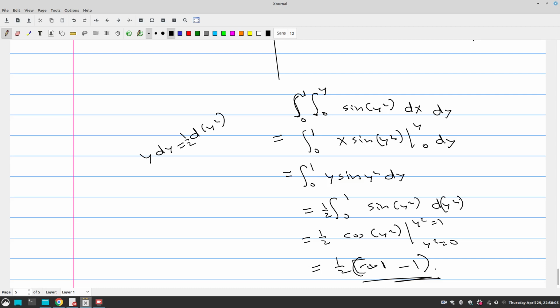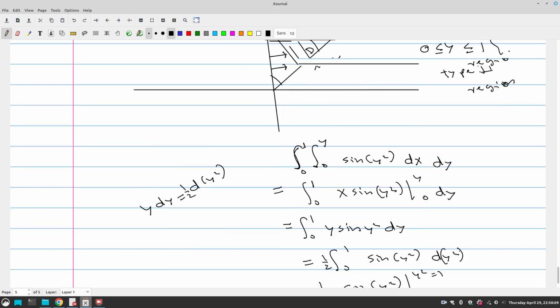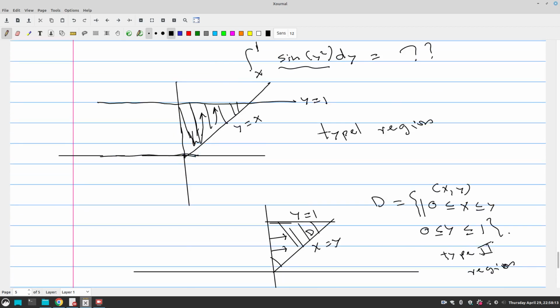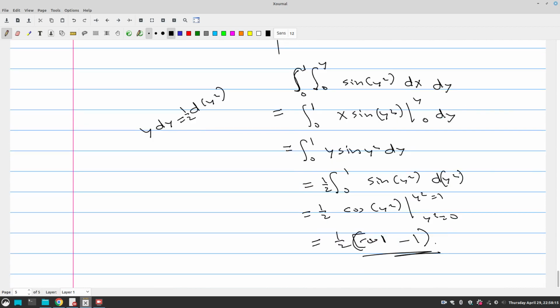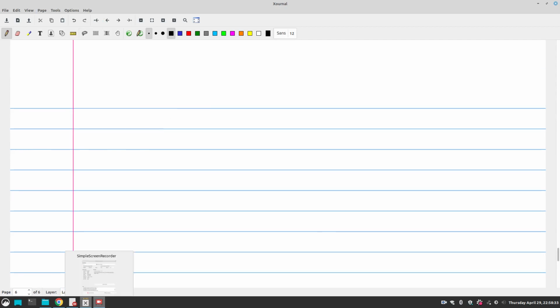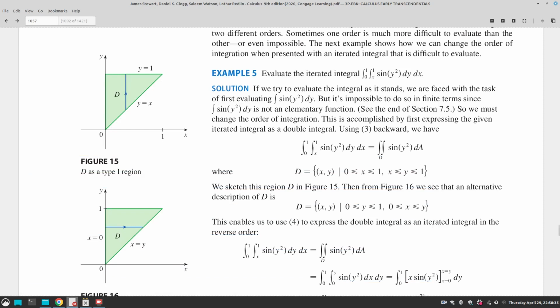We converted an integral that was impossible to do on a type 1 region to an integral in a type 2 region, and using that we found the definite integral. So converting from one type of region to another obviously makes things easy for us.